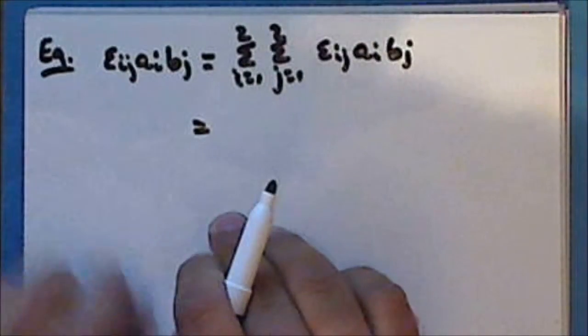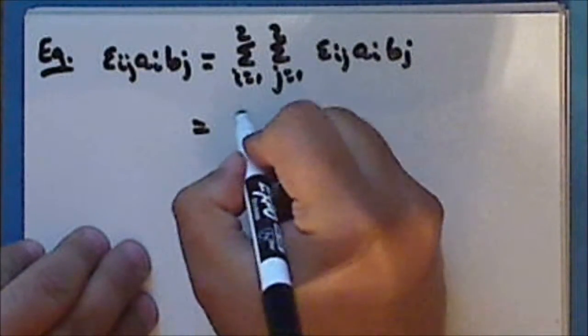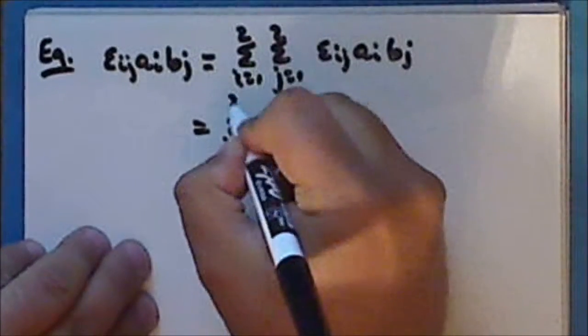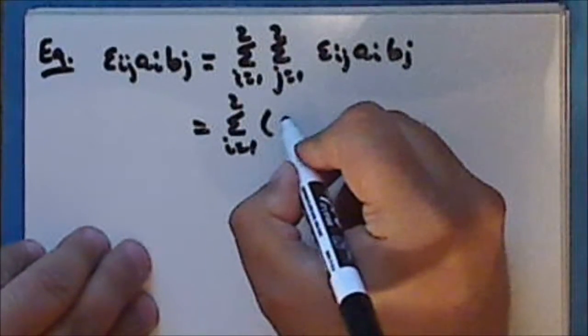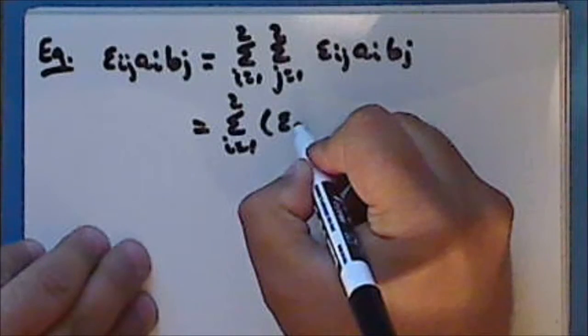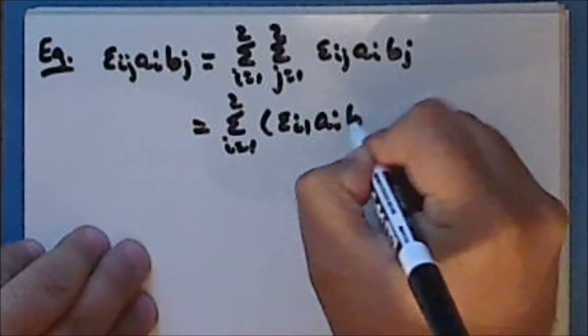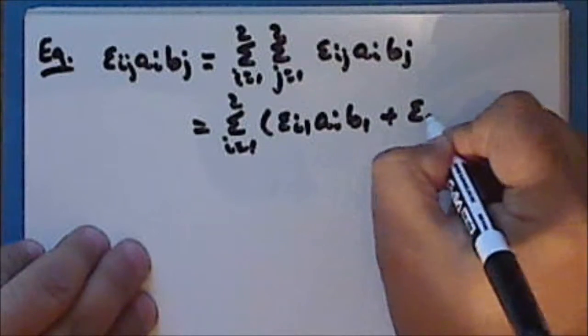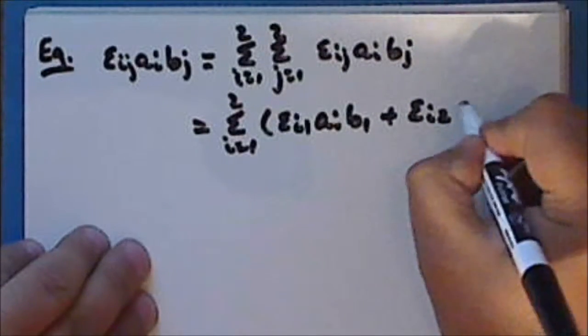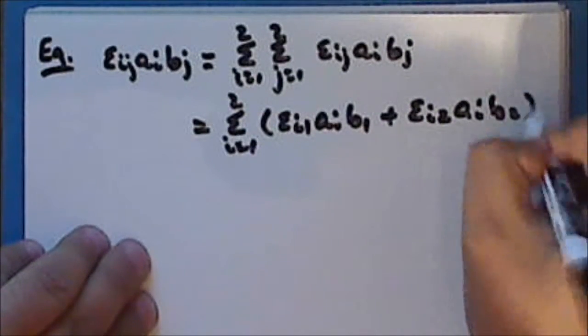If we expand this sum for all values of the index j, we have the sum from i equals 1 to 2 of the sum of products, epsilon sub i1, a sub i, b sub 1, plus epsilon sub i2, a sub i, b sub 2.